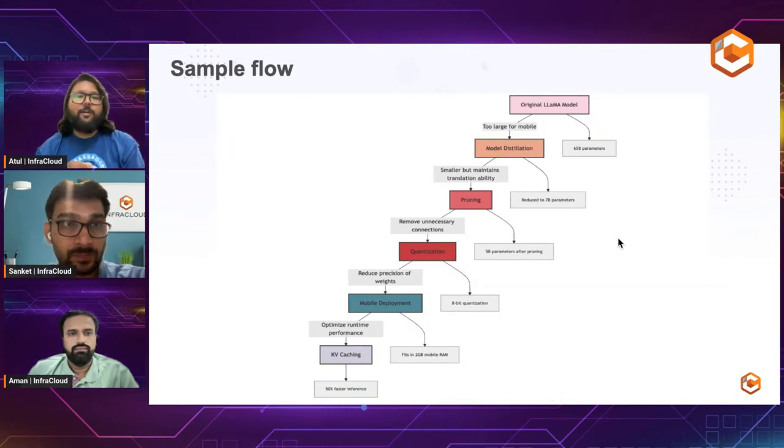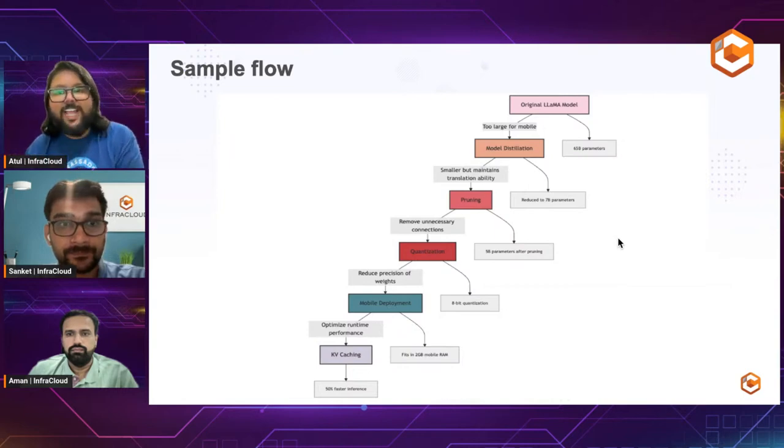So for anyone watching, I think this framework will give you a very good idea of how you can take a parent model, go through all the processes of optimizing it, and eventually make it fit enough to run on different devices with a smaller footprint, with KV caching mechanisms to improve performance.